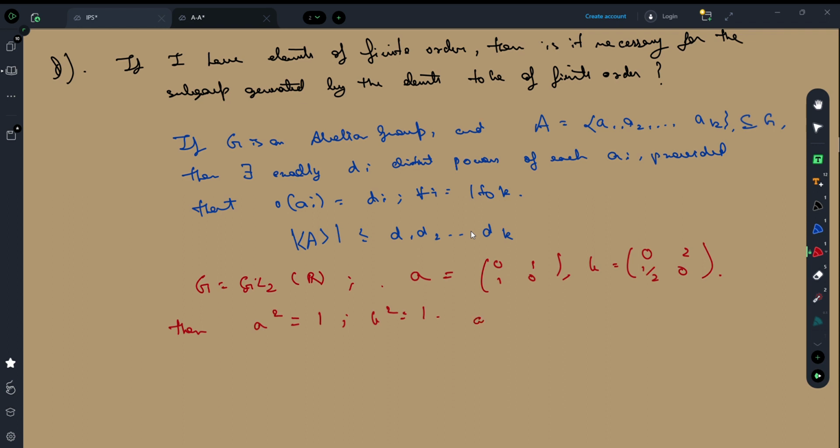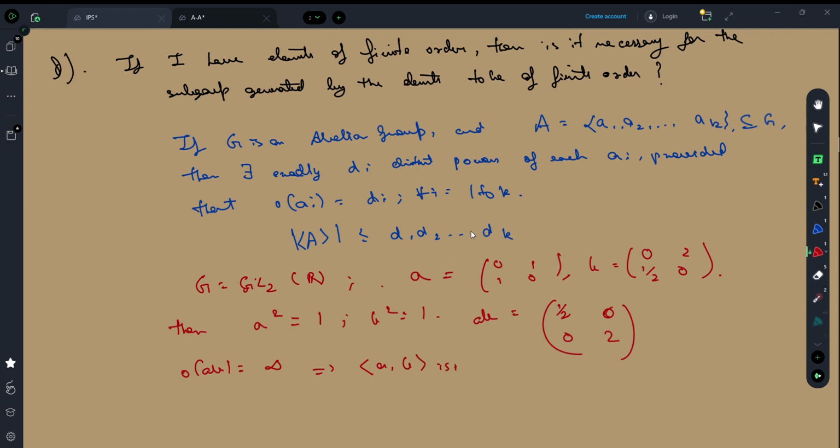Then observe that a squared is 1. b squared is also 1. What is ab? So it's 0 times 0 plus 1 times 1/2 is 1/2. 0 times 2, 1 times 0, 0. 1 times 0, 0 times 1/2, 0. 1 times 2. Yeah, so it's 2. Right, it's 2. Observe that the order of ab is infinite.